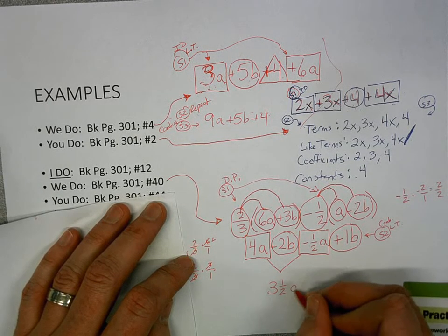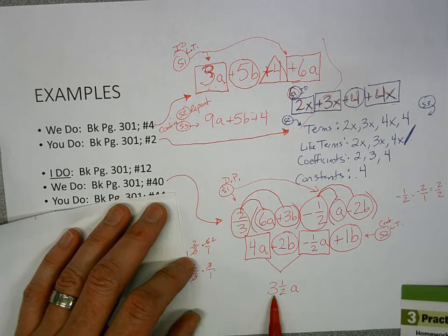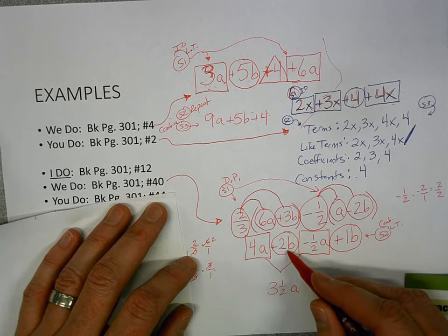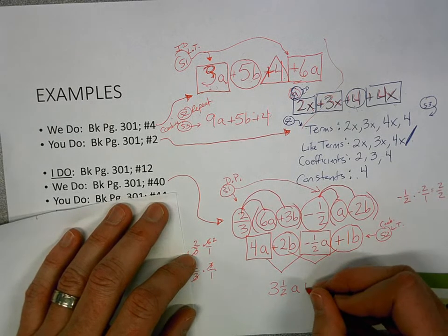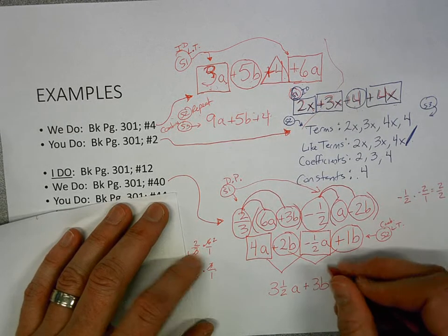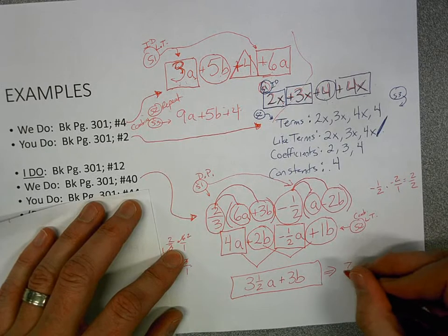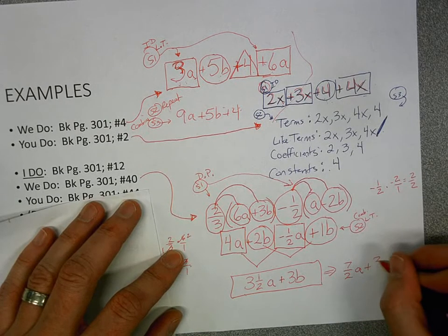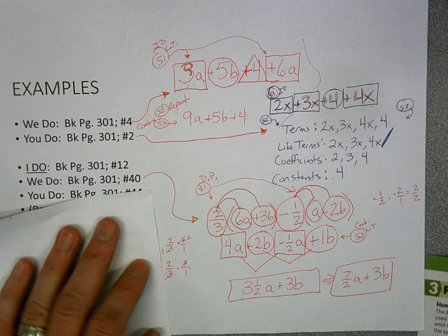Most of the time, I'm going to be okay with that for today. Most of the time you'll see it as an improper fraction. 2 plus 1 is positive 3b. So realistically, this would be 7/2 a plus 3b. All right.